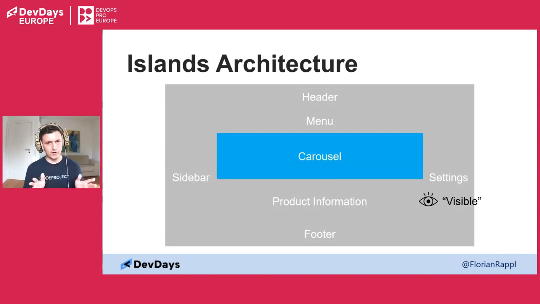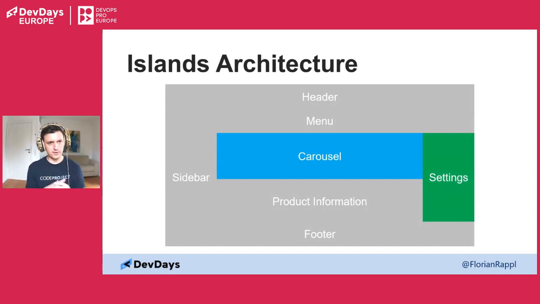You wouldn't do that beforehand, because if you don't see it, you wouldn't be able to interact with it. So it doesn't make any sense to load the JavaScript. You only load it when it's visible. That's also possible. And now settings is live. It just gets interactive.